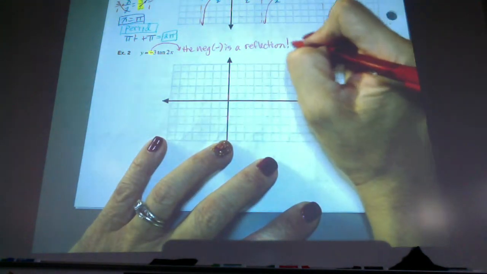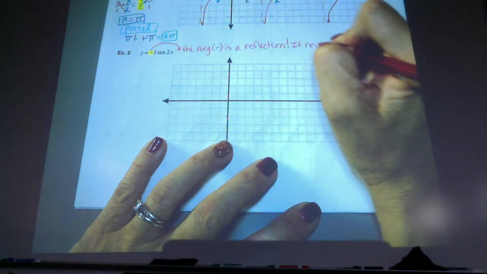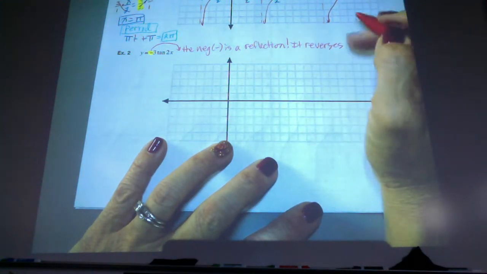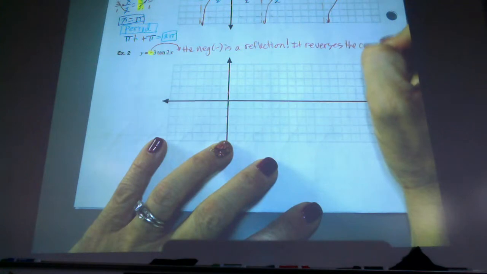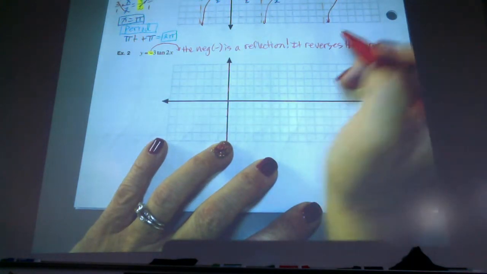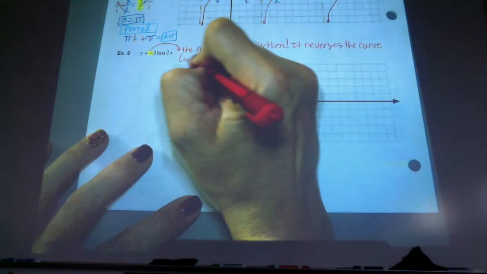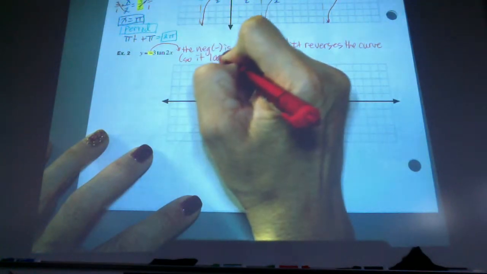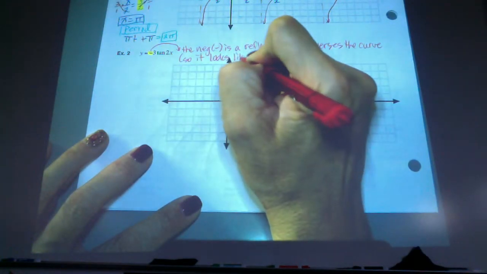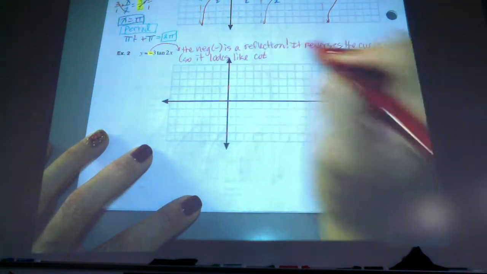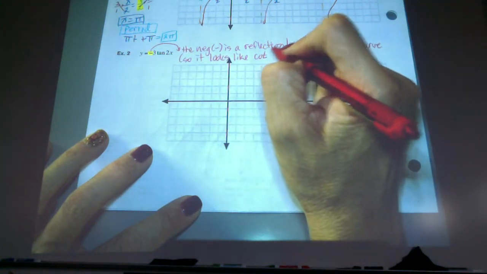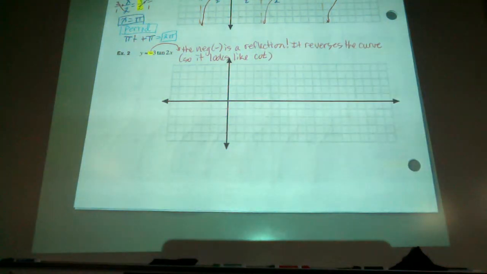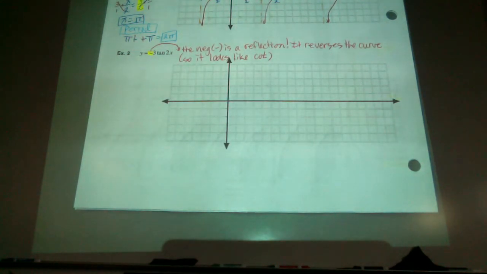It reverses the curve. And in parentheses, so it looks like cotangent. The asymptotes won't look like cotangent, but the shape of the curve itself will resemble cotangent.